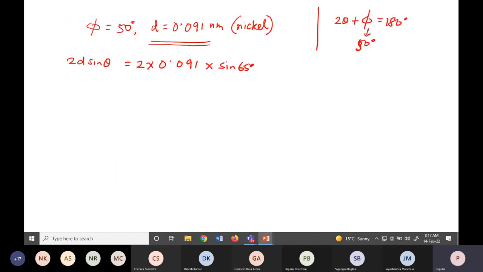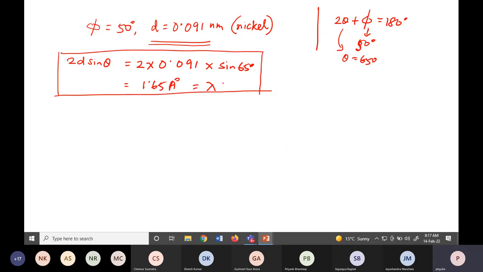So they put that value, and got theta equal to 65 degree. So with sine 65, they are getting 1.65 angstrom, because this is nothing but lambda. If you consider the first order maxima, 2d sine theta is equal to lambda, and that lambda value is 1.65 angstrom.